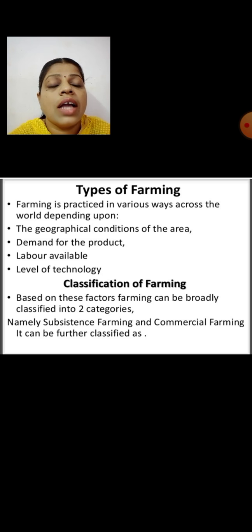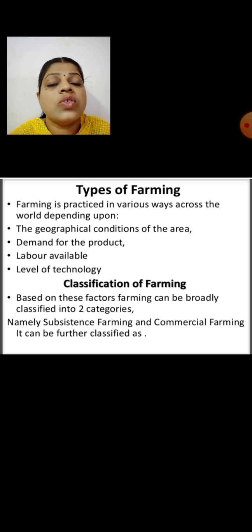Isn't it? And what all conditions should be favorable for the cultivation of crops across the world? First of all, the geographical conditions of that area. Next one is demand for the products that we produce.